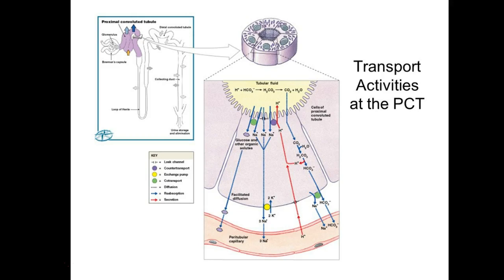So what you have in this image, and you have this in your book, is an individual item that is in the proximal convoluted tubule. Remember that most reabsorption takes place here.